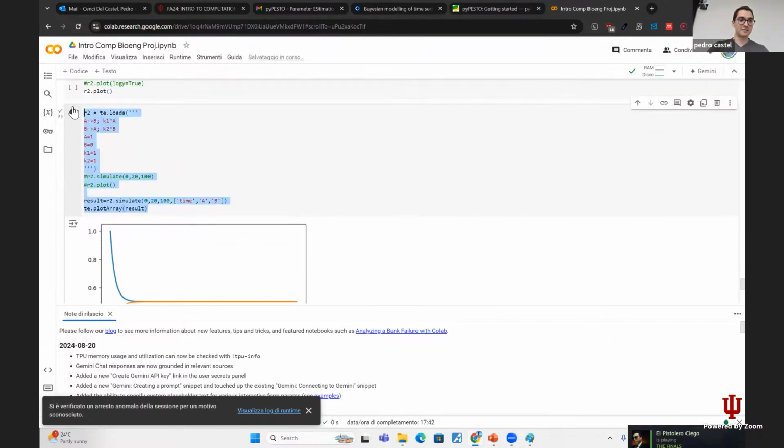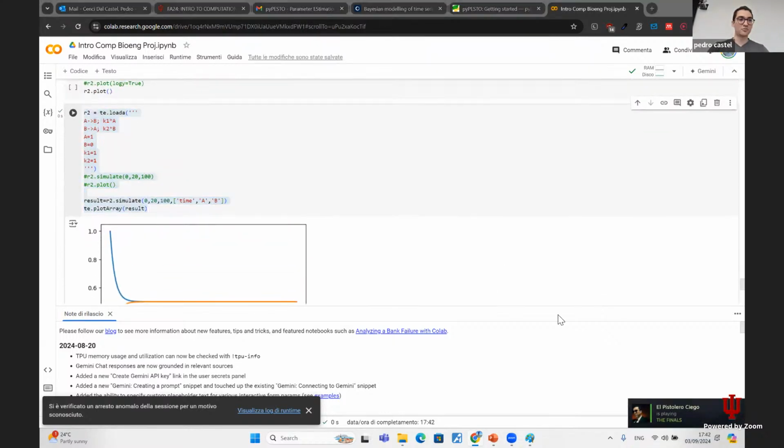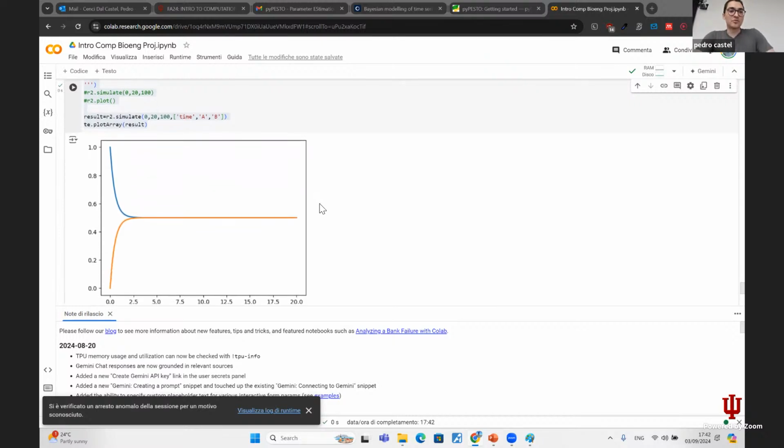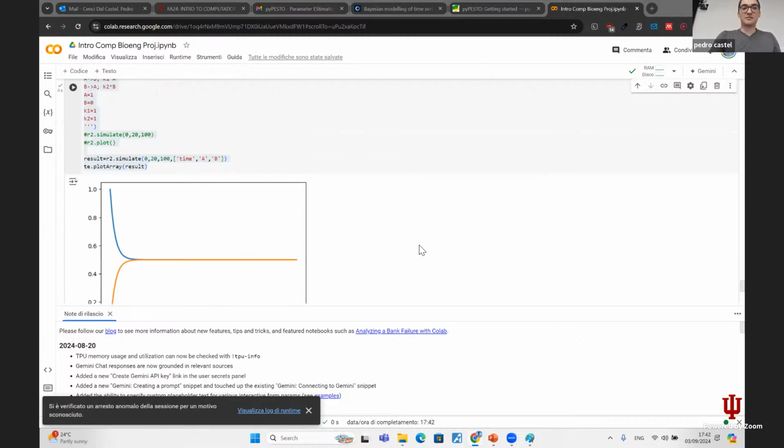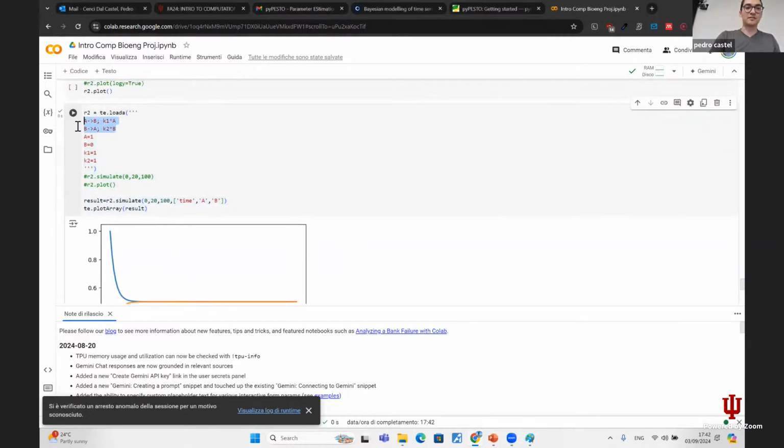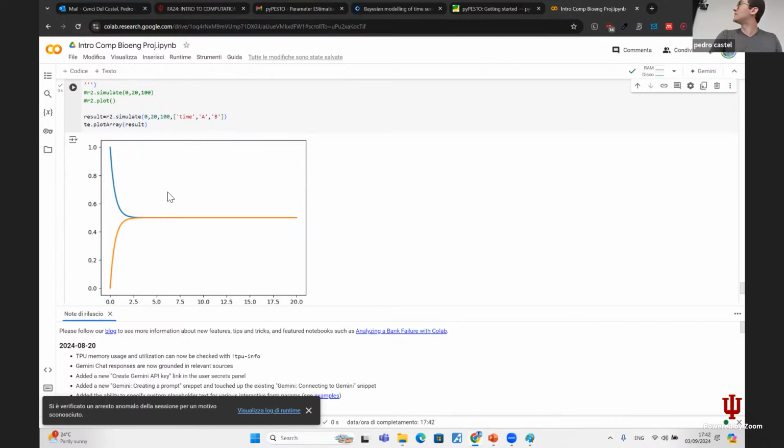And this is the Tellurium code cell that I have. So this is what Tellurium is giving me. A starts at 1, so A is that blue curve, and B is the orange curve, and they both tend to 5 according to this equation that I did here. They both tend to 5.